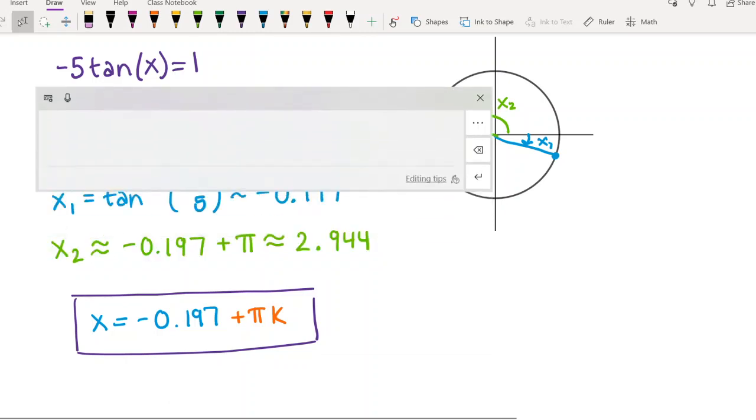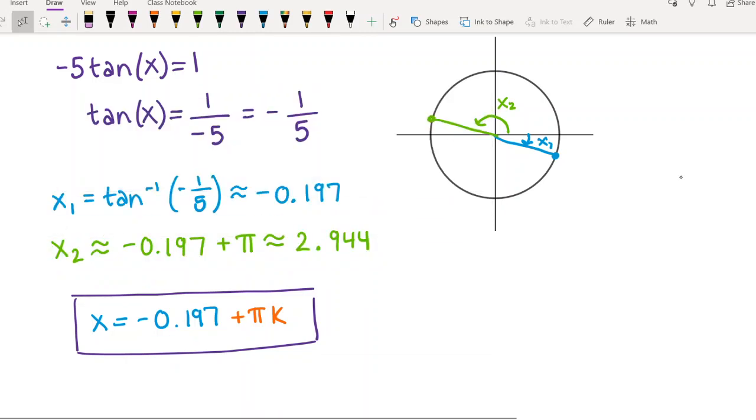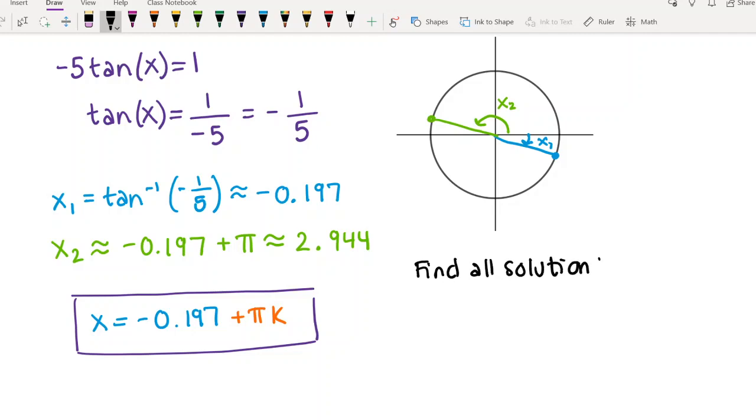However, we're actually not quite there for finding all the solutions between 0 and 2 pi. And why is that? It's because this angle is not between 0 and 2 pi. So on this specific example, I actually want to write that down as a separate question. If we were asked to find all solutions on the interval from 0 to 2 pi, so that means all solutions between 0 and 2 pi, we have one, that's good, right?